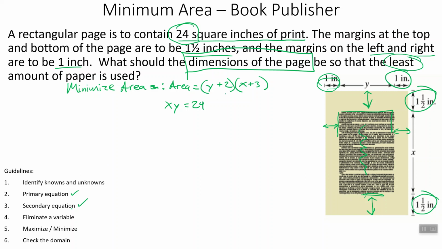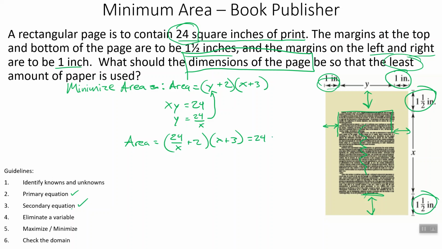I usually like to solve for y because I like to take derivatives with x's. So y is 24 over x. And now we can plug that in right there. So we get that the function for our area is 24 over x plus 2 times x plus 3. It's probably going to be easier if we distribute or FOIL this out before we do our derivative. So x times 24 over x is just 24.